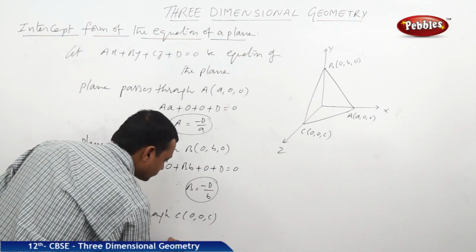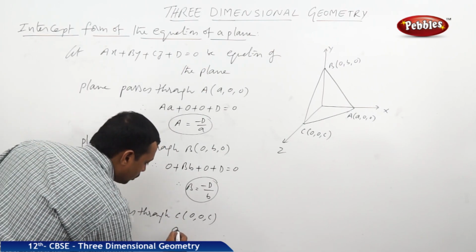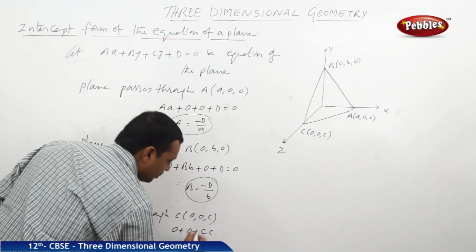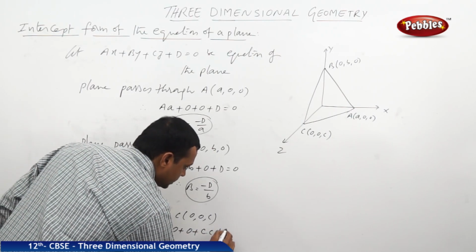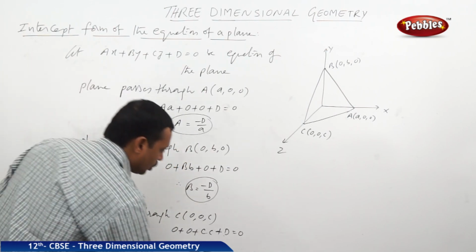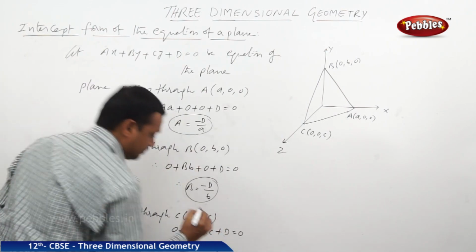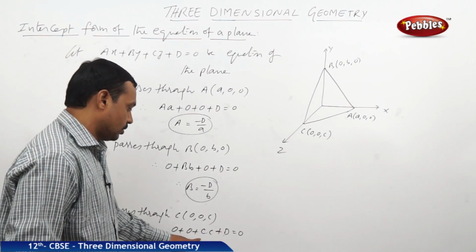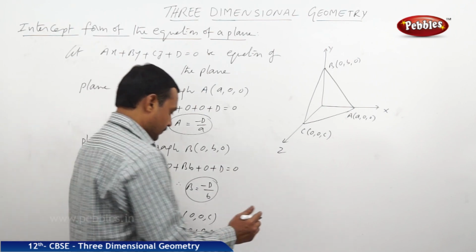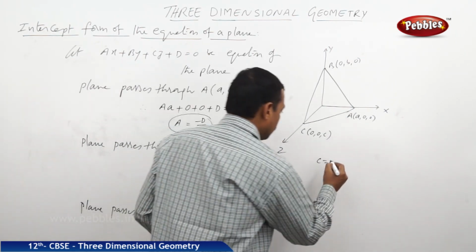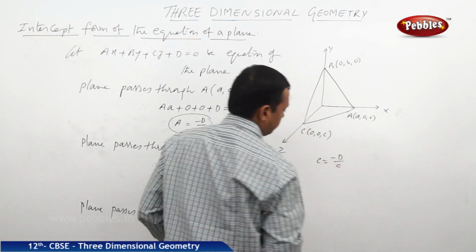Then A into 0, B into 0 plus C into c plus D is equal to 0. From this, c is equal to minus D by C.